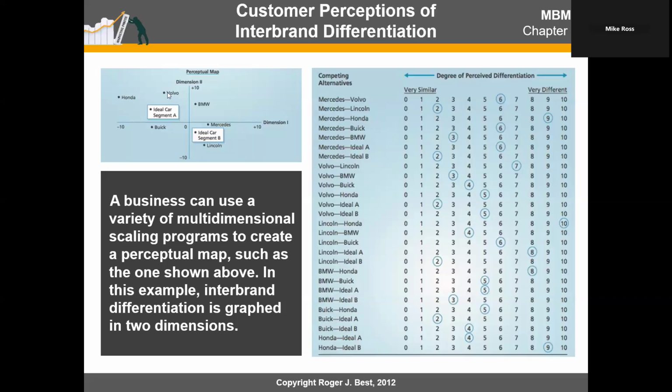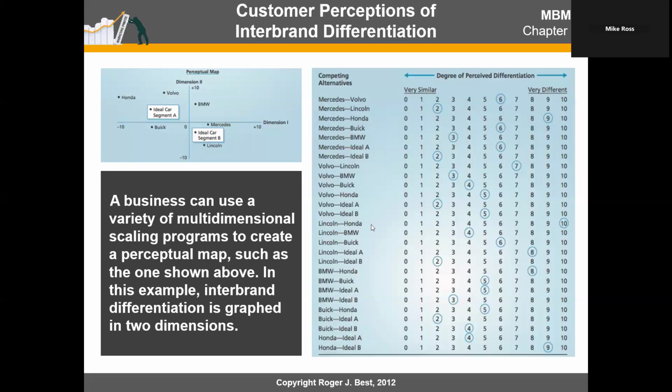That if we look at this sort of what we call Euclidean distance, but if we look at Honda versus Lincoln, there's a 10, right?